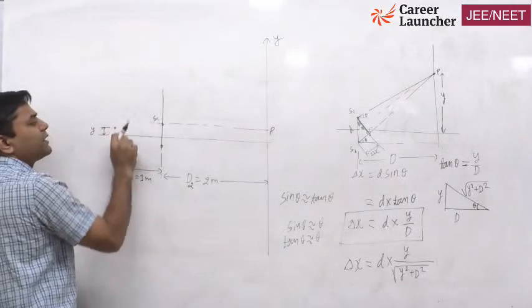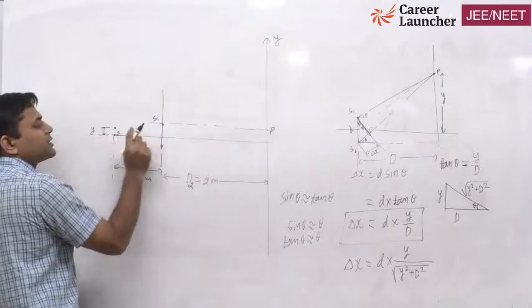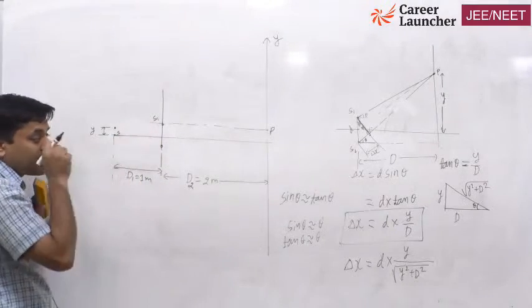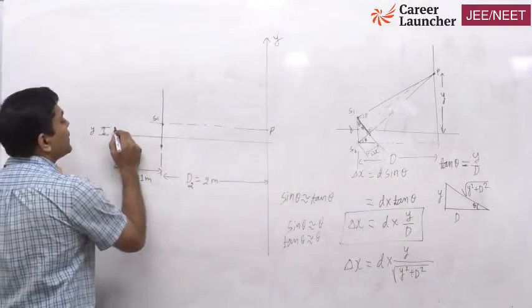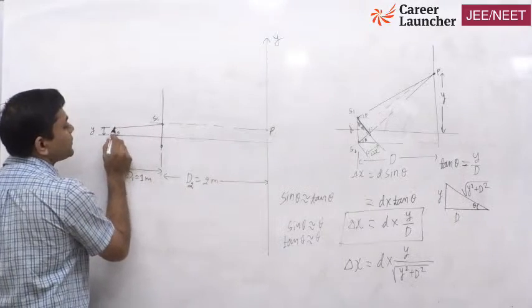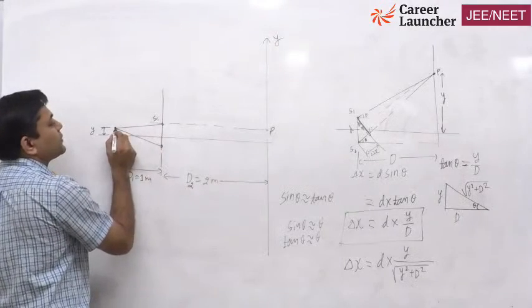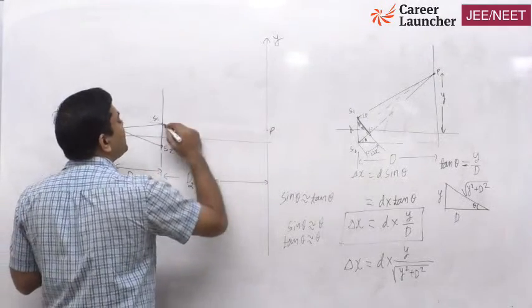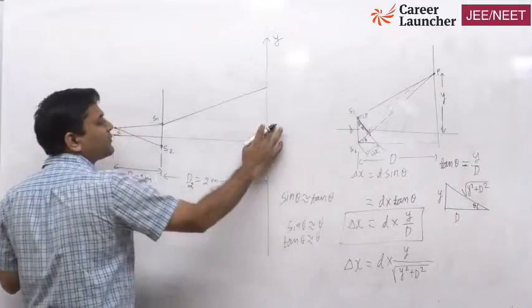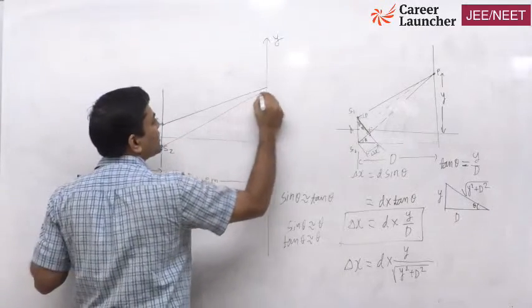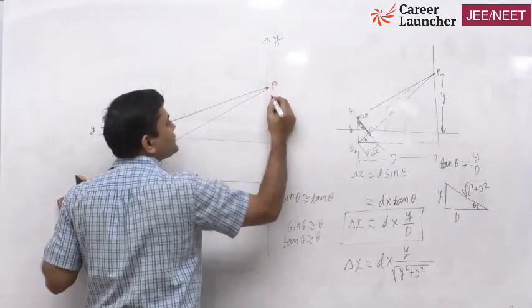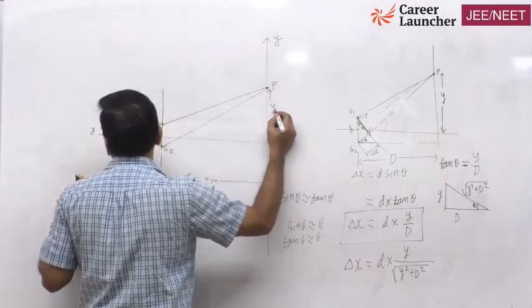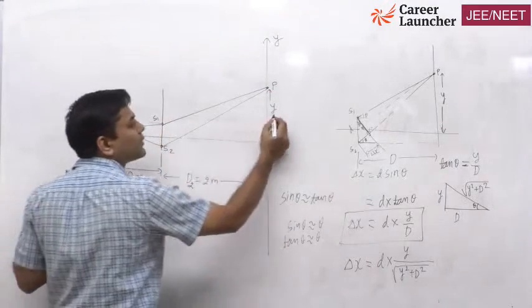It is oscillating between S and S1 like this, up and down, because the equation I have given to you. Then once you join these two, SS1, SS2, to any point P, not necessarily in front of this, because I am generalizing it. Since I have taken this as y, I am taking this as y1.